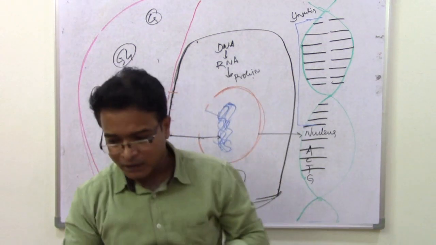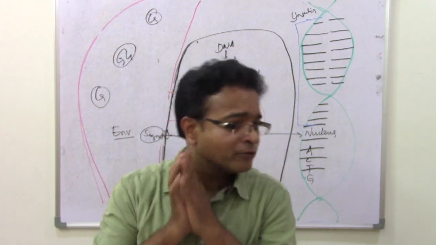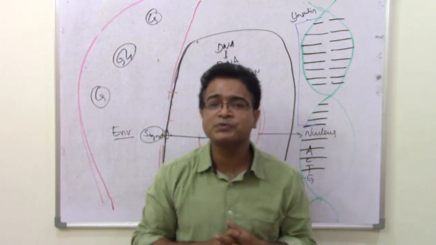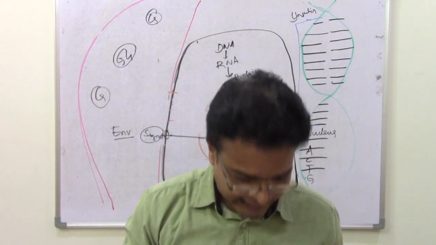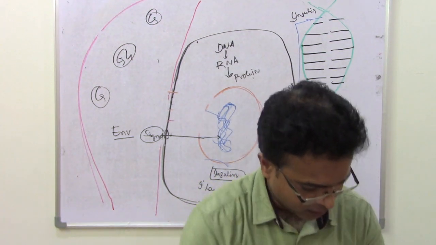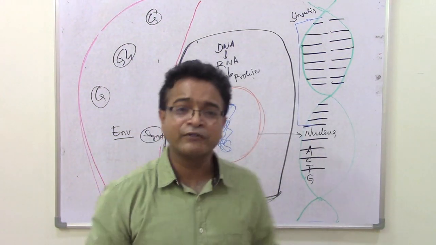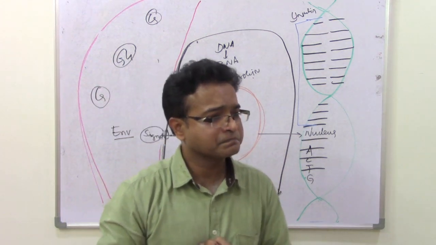Now, if the job of a gene is to produce protein, how are they able to control the traits of an individual? We need to understand this.